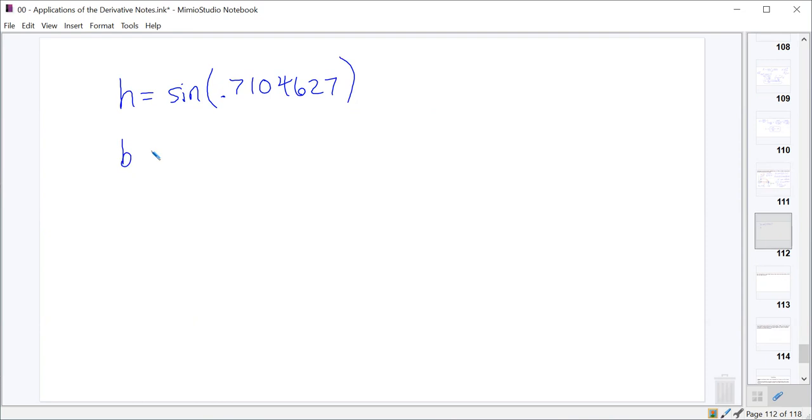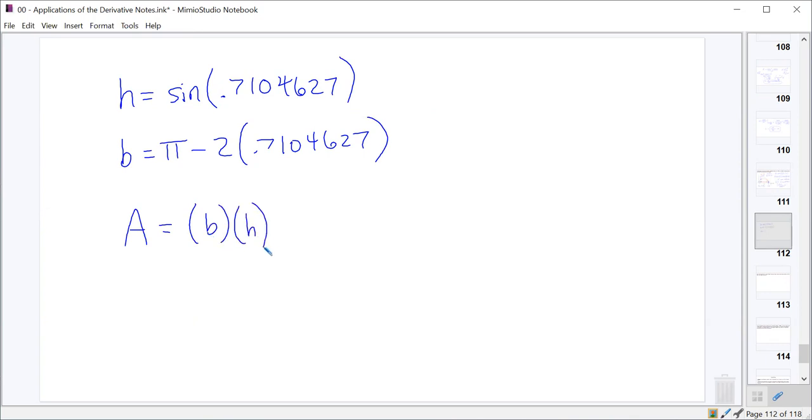And our base will be pi minus 2 times 0.710462. And the area itself will just be that b value times that h value. And we'll see what all those are on our graphing calculator here in just a second.